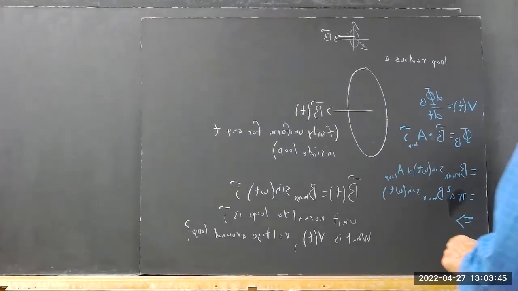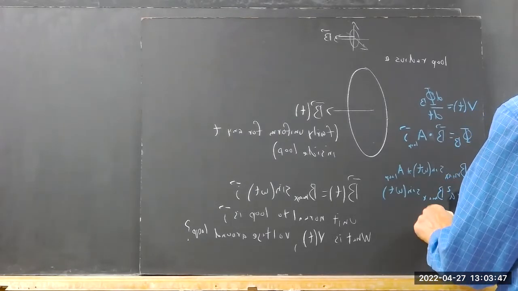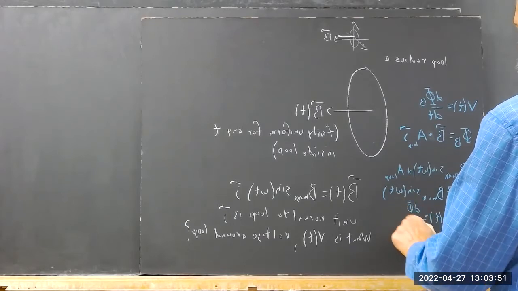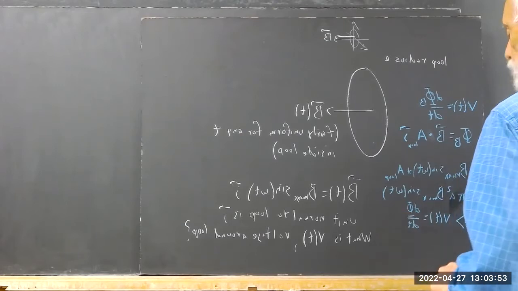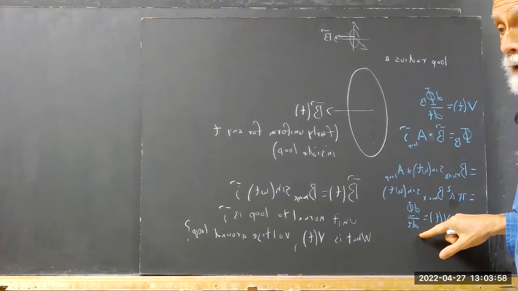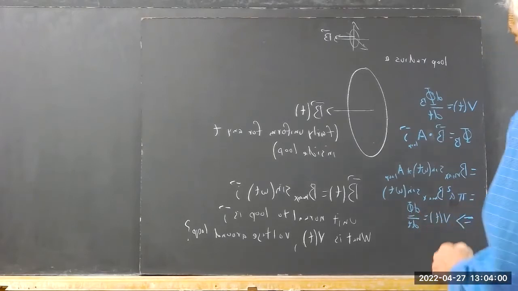This implies V of t is d phi dt. We're going to work out whether it's actually d phi dt or negative d phi dt.